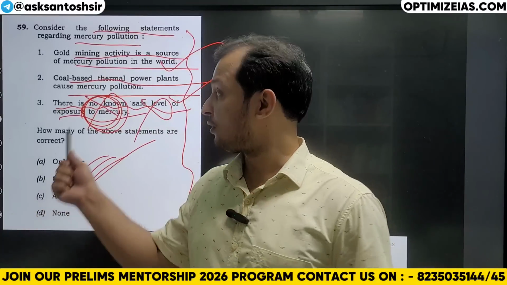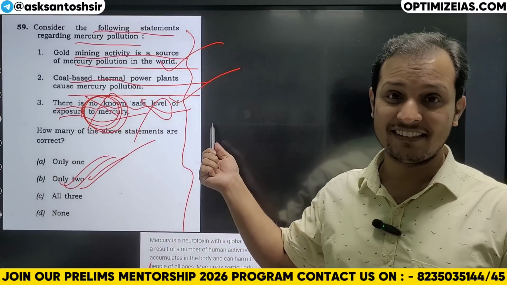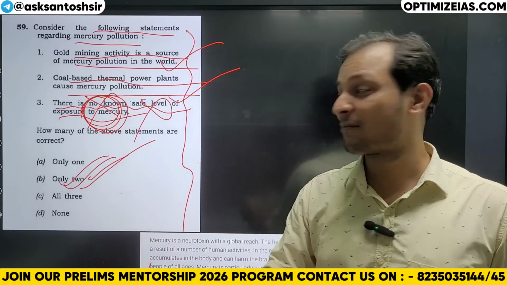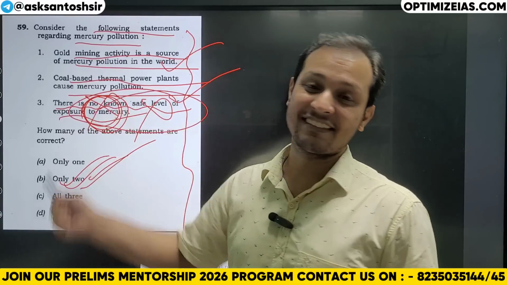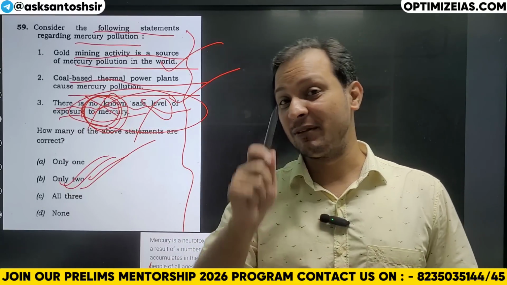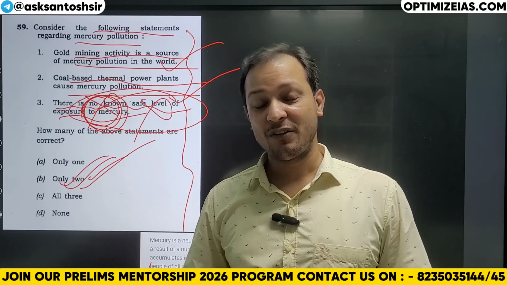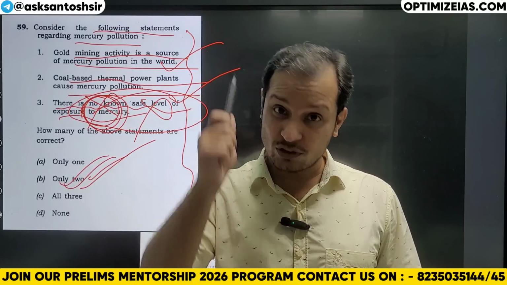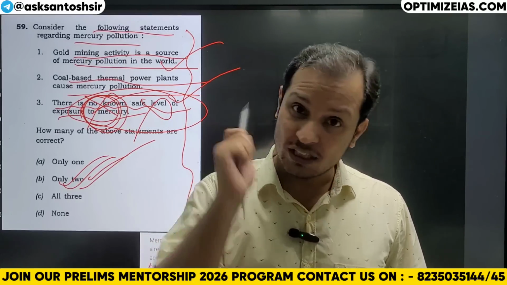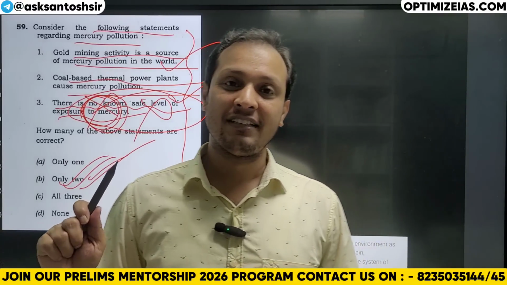So this statement should also be correct if you go by knowledge. But the question setters are basically using elimination techniques. That is why I say elimination techniques are very, very important, because question setters are applying them. If you don't apply them, you will lose.